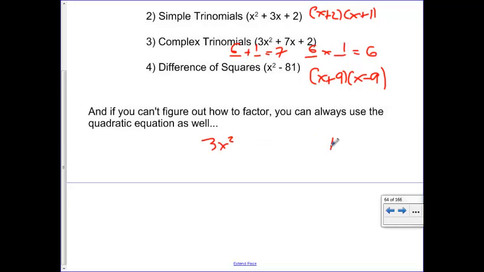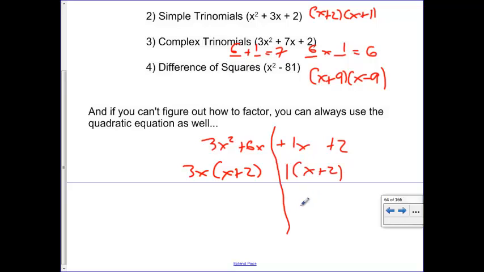Here's what we do then. We take the 3x squared and the 2, we write them over here. And then the 6 and the 1, we split that middle term up into pieces. You guys remember this? You do 3x times x plus 2, plus 1 times x plus 2.